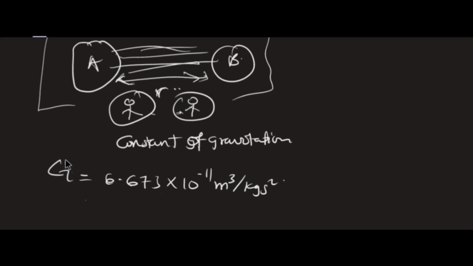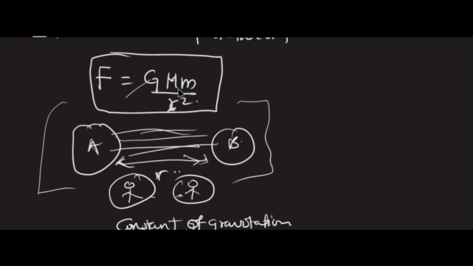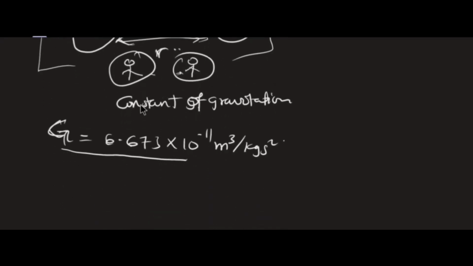This is the value for the constant you see. So that the product, and these are the different masses. This is the mass of one body, and this is the mass of the other body, and this is the r squared. But there should be a constant here, and that constant is given by 6.673 times 10 to the power negative 11, and it's mathematically calculated.